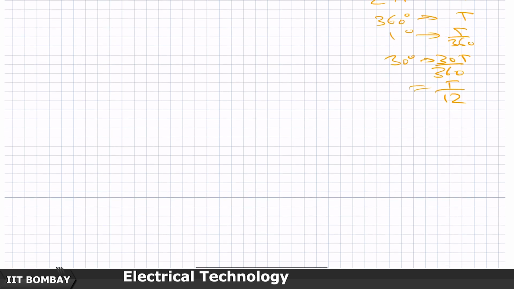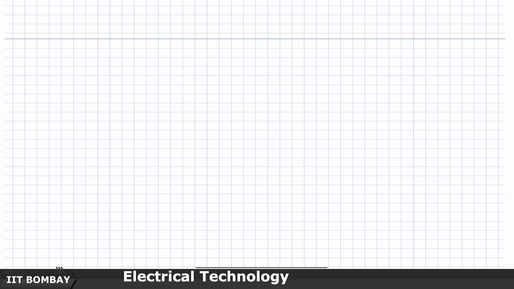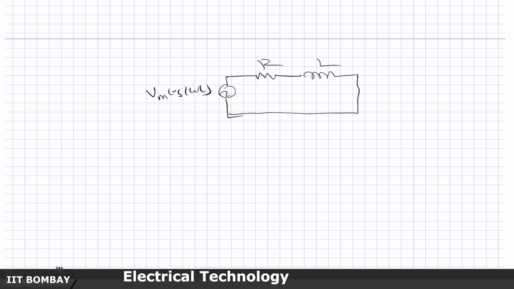With this, let us now do the sinusoidal response of an RL circuit. And for a change, I will take this now as cos of omega t.